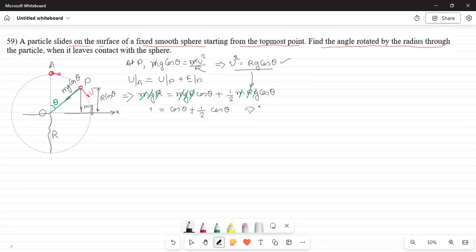Therefore, 3 by 2 cos theta is equal to 1. Therefore, cos theta is equal to 2 by 3. Therefore, theta is equal to cos inverse 2 by 3.